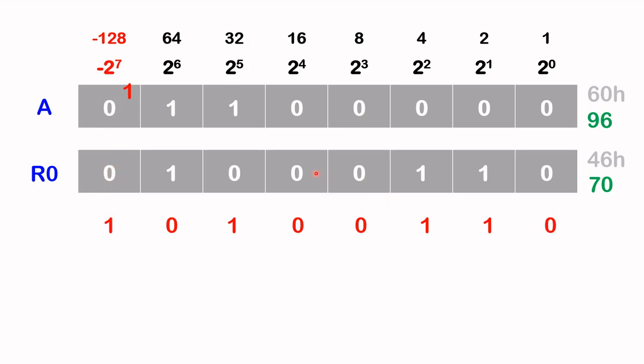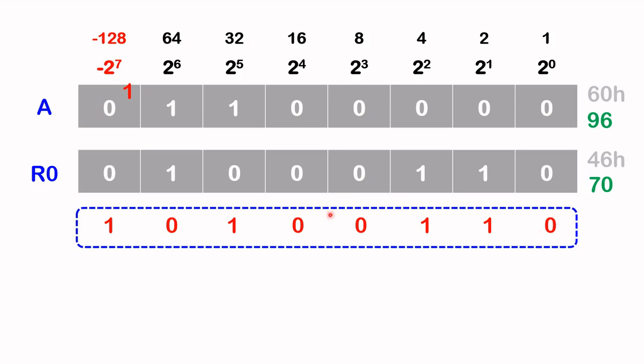So that is the result of this binary addition of these two numbers. We are going to ignore this one. That's not counted here. So the accumulator will be replaced by this result. All right, so let's have a look.